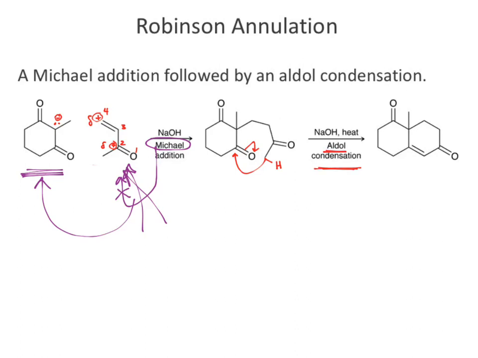An aldol condensation. So if I run a Michael addition followed by an aldol condensation, that now gets known as a Robinson annulation. So if you want to complain about Michael getting credit for attaching a name to a stupid reaction, you should be flippin' irritated that Robinson gets to attach a name to it. Right? Just for the record.